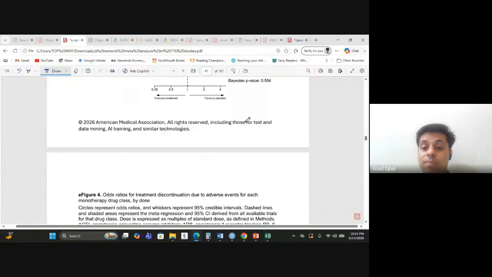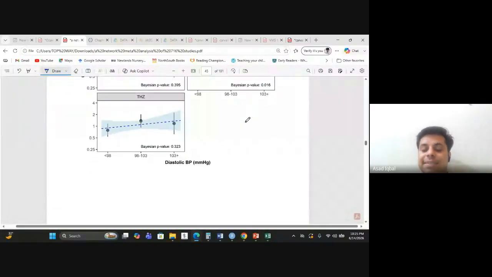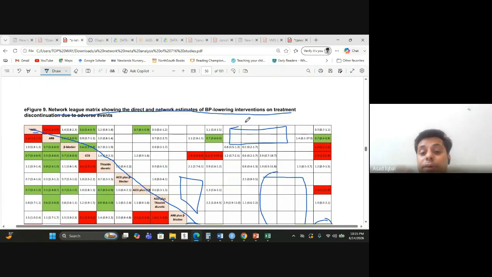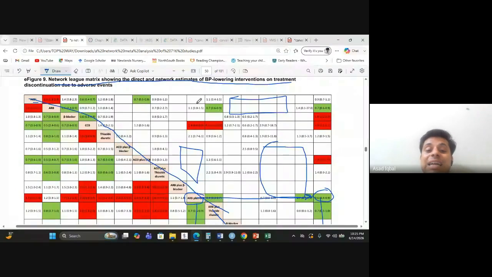But in a net league table, the upper triangle only reports the direct evidence; where the studies do not have direct evidence, that cell is empty.